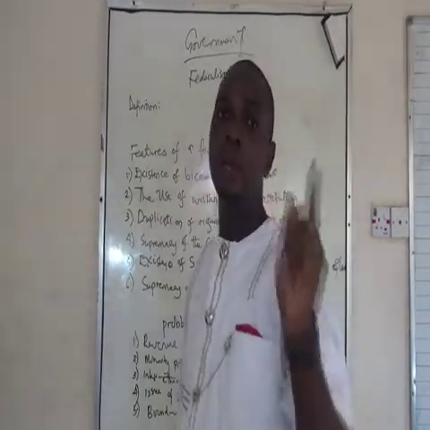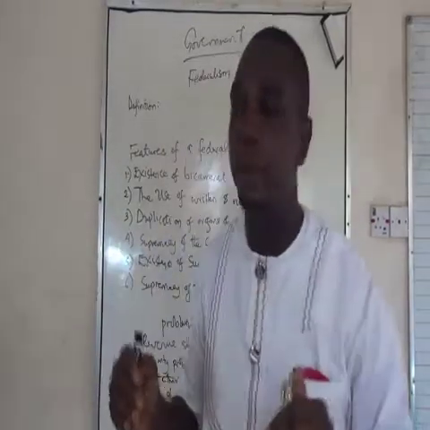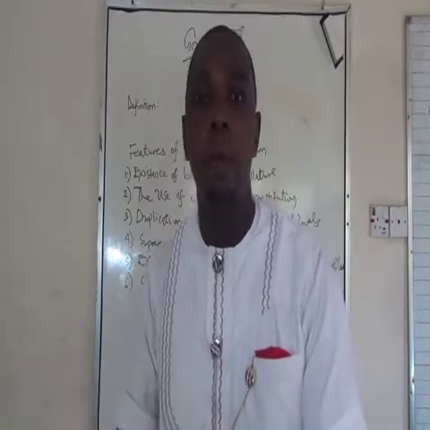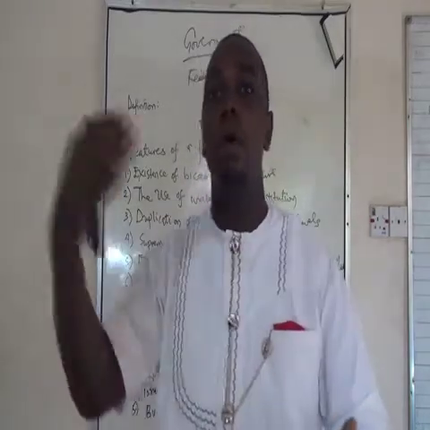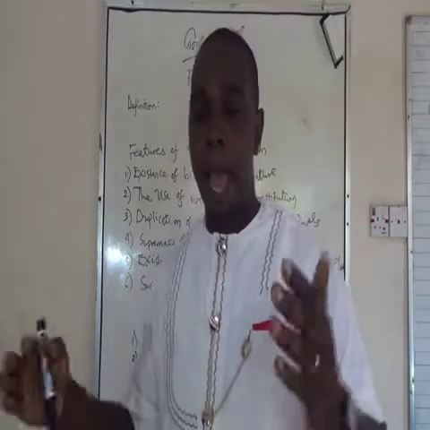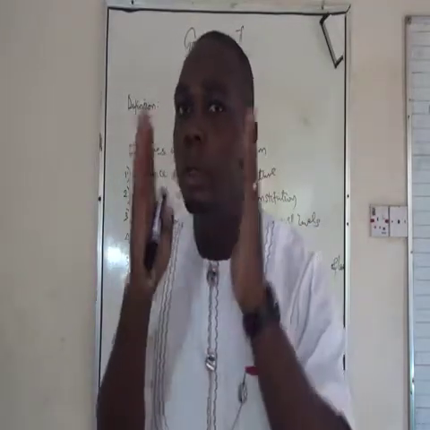When we say a written and rigid constitution, we are looking at a constitution whereby all the customs, all the practices, the norms, the values of the people are in one single document.